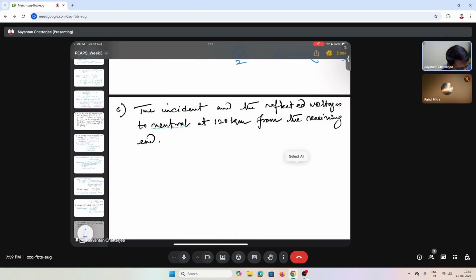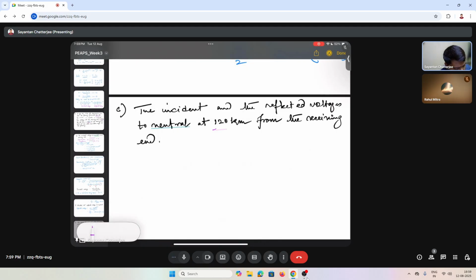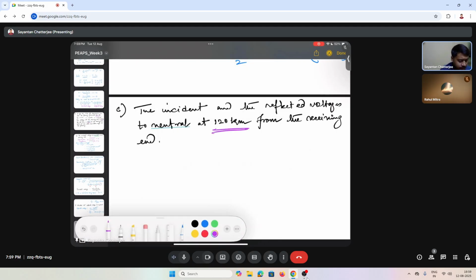So nothing much. It's a basic value that is being added. So this 120 km needs to be kept in mind and accordingly needs to be calculated.